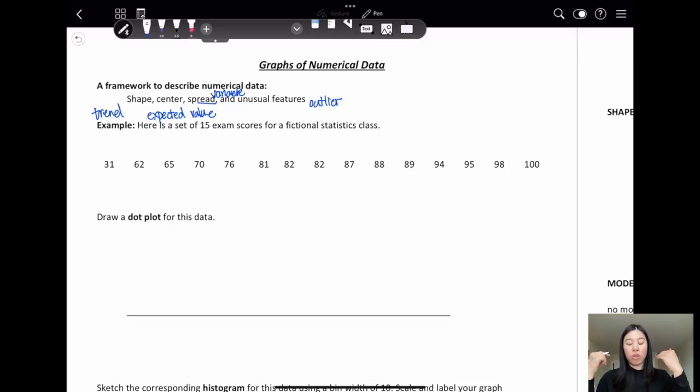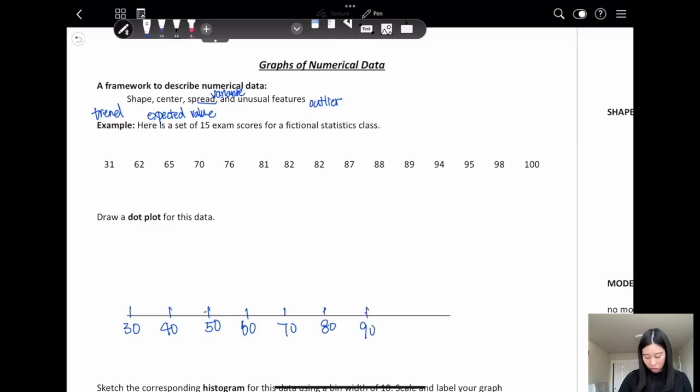And then you want to label the plot, and the scale should be consistent, representing the same unit. So we're starting with 30, 40, 50. Each unit should be the same. The gap should be 10 units. 60, 70, 80, 90, 100, 110.